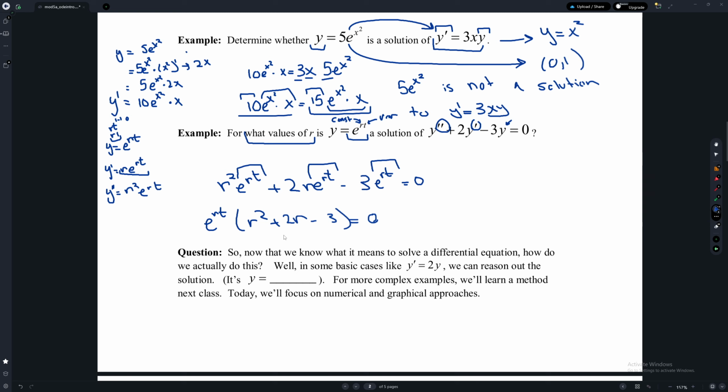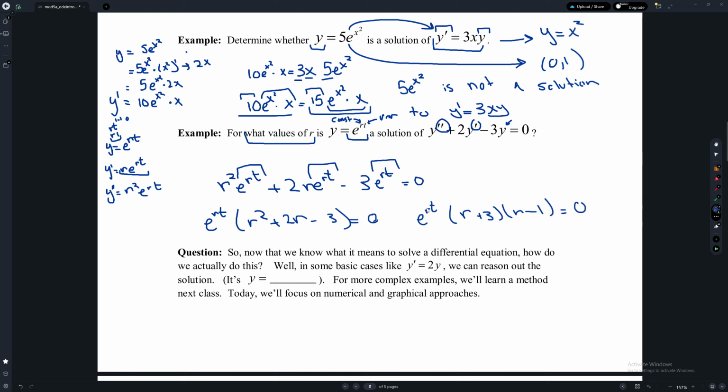You can factor this. You learned this in grade 9. And so e to the rt stays. I'm just simplifying that. And so here, you get r plus 3 and r minus 1. That took me a little while to process, not gonna lie.